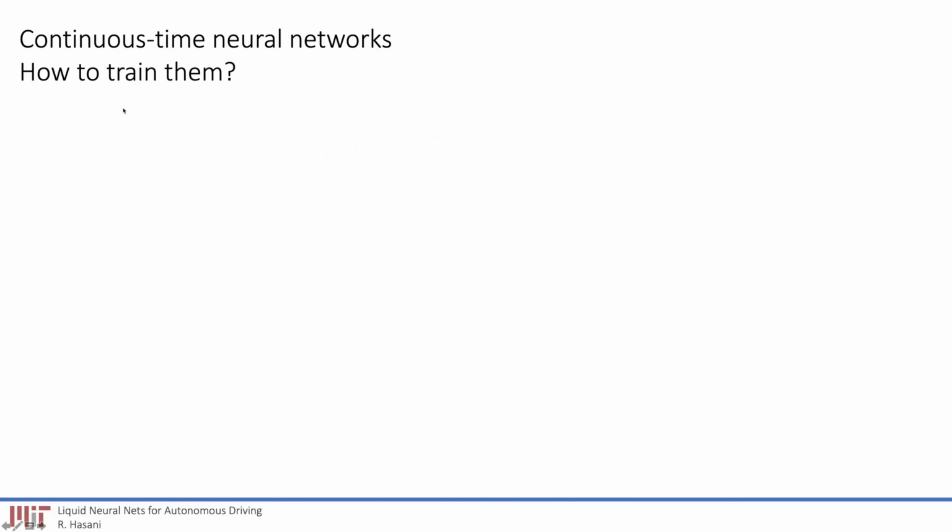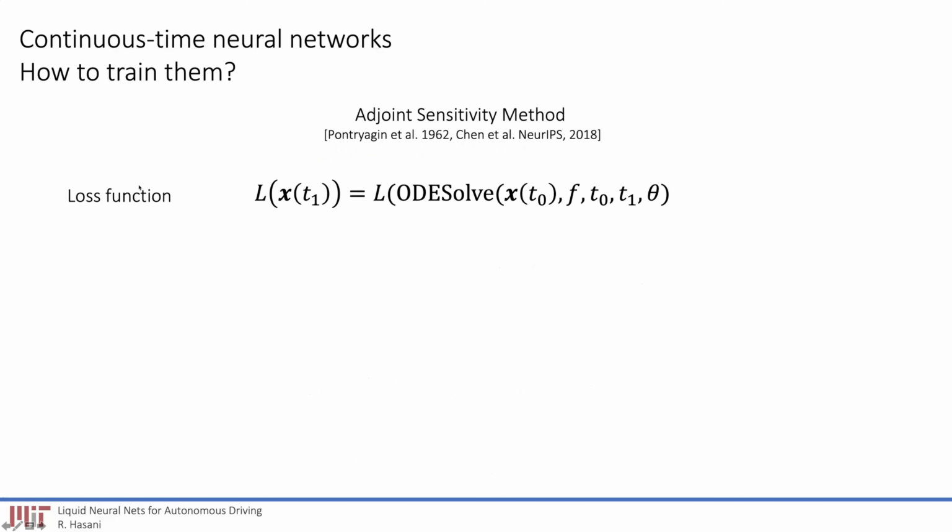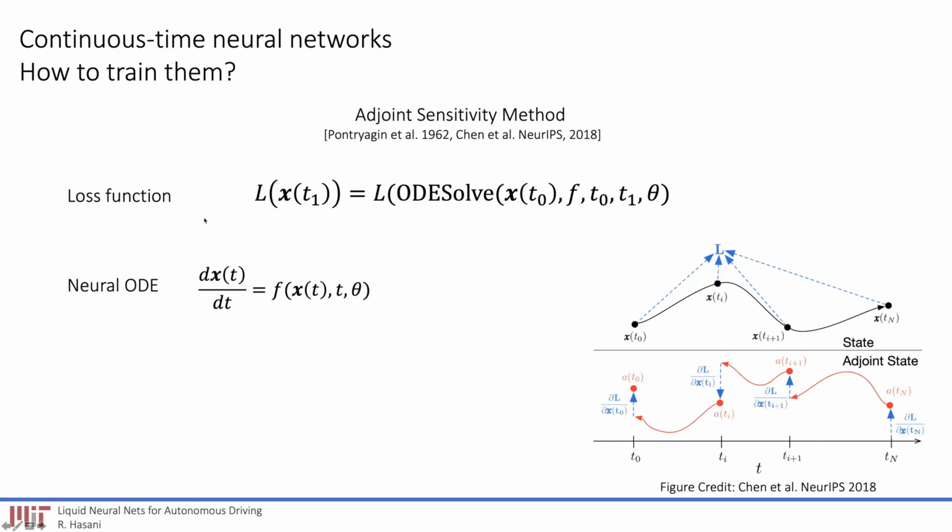How do you train these networks, or do the backward pass? There is a method called the adjoint sensitivity method that, given a loss function and an end state, lets you compute your trajectory, with a neural ODE given by this type of dynamics. You can call an ODE solver to compute from this point in time.